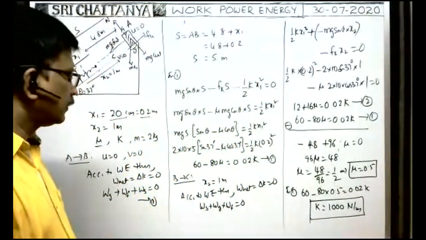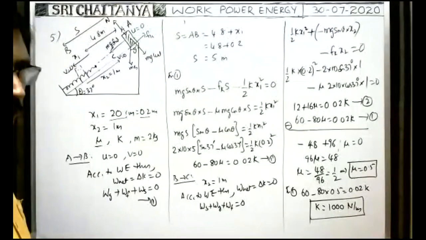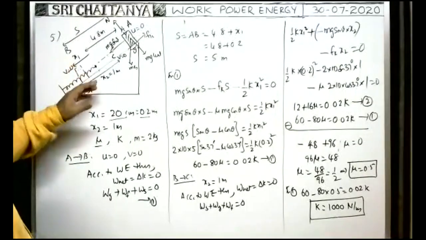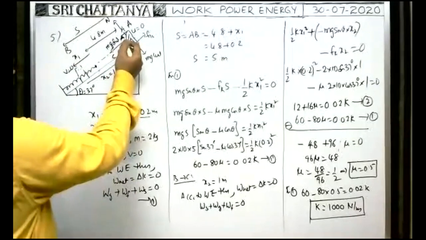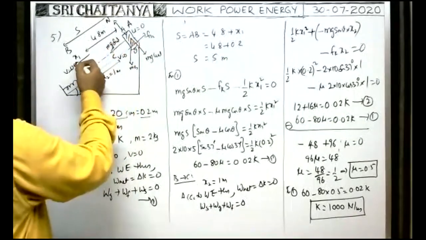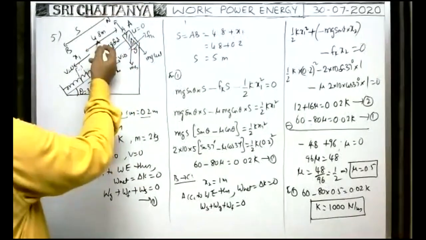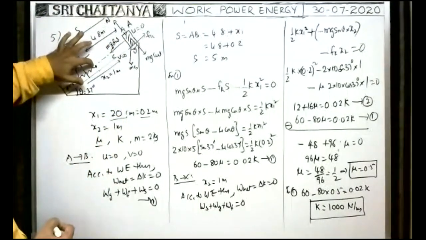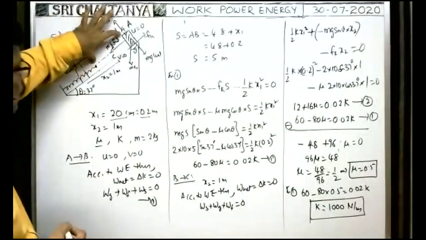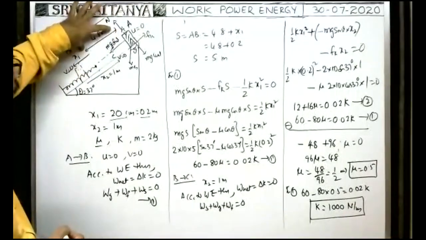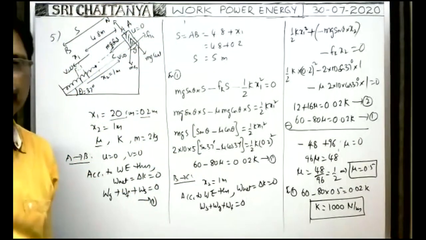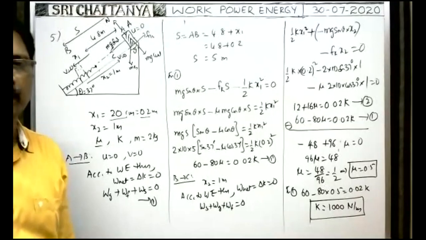Sir, how did we get 4.8? Not from A to B. Here, initially, when the spring is in unstretched condition, from the end of the spring up to the initial position of the block, the distance is 4.8 meters. That is given in the problem. Okay, sir.